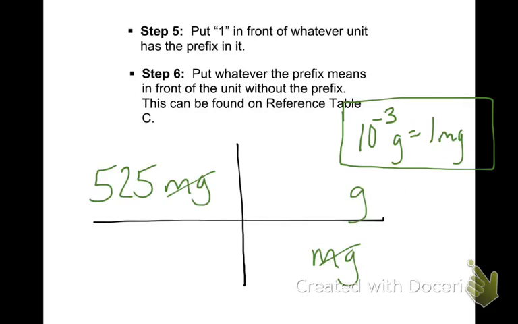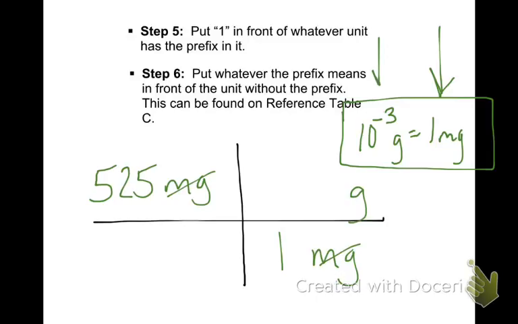Now I have advanced our slides just a little bit, so I've redrawn everything, and we're going to talk a little bit about step 5. Step 5 you have seen before. You want to put a 1 in front of whatever unit has the prefix in it. So basically we're going to use our conversion factor here. We're going to place our 1 in front of our milligrams, and then put whatever the prefix means in front of the base unit.